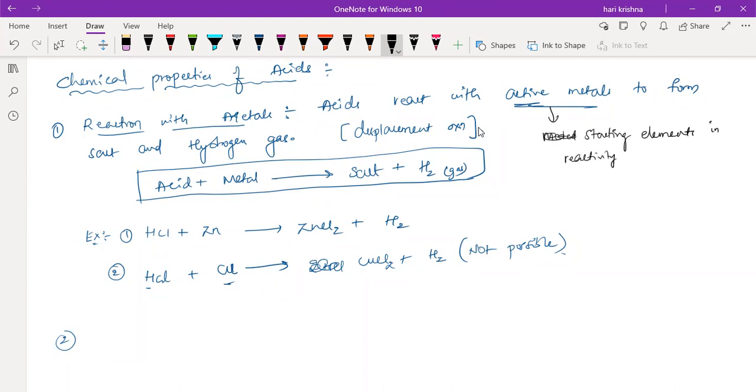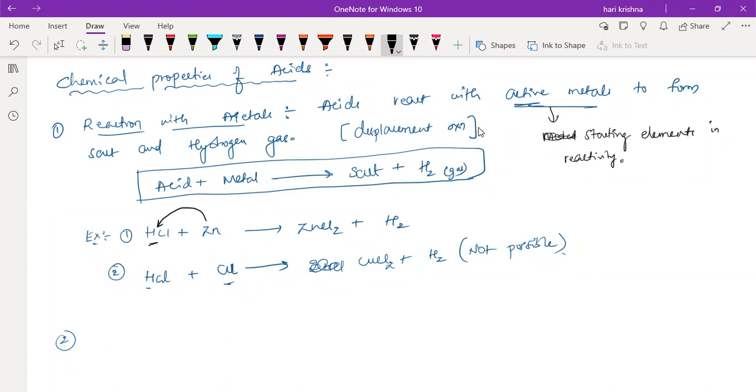What are the starting elements? Lithium, potassium, sodium, calcium. These are the active metals. Or the metals more reactive than hydrogen in the reactivity series, those metals only can displace the hydrogen from the acid. So it is also a special type of displacement reaction.